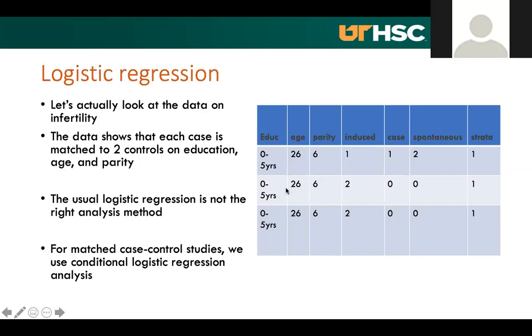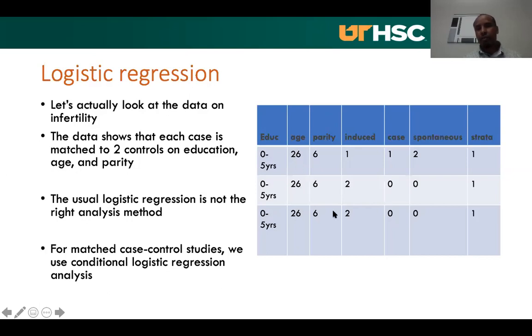In the original design, they matched a given participant with infertility, who is a case, to 2 controls. And they match them for education. They are in the same range. For age, probably they exactly matched it. They are all 26 years of age.